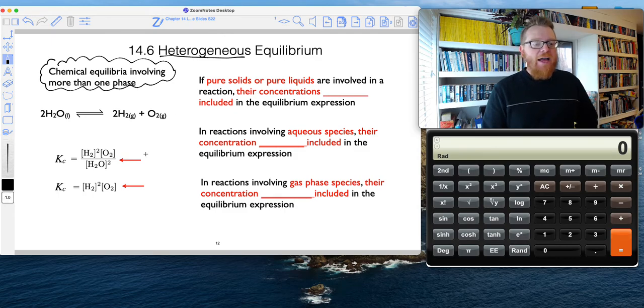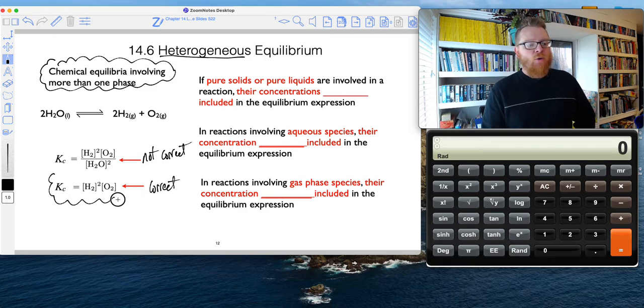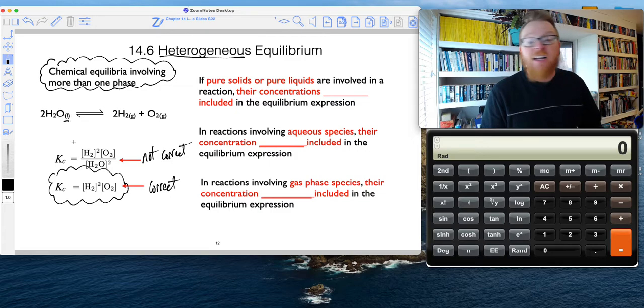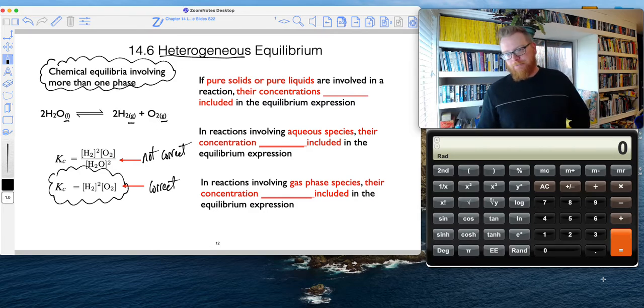As it turns out, the first one is not correct, and this second one is correct. So why is that? Let's look at the phases. In this reaction, this is specifically liquid water reacting to form gas phase hydrogen and gas phase oxygen.